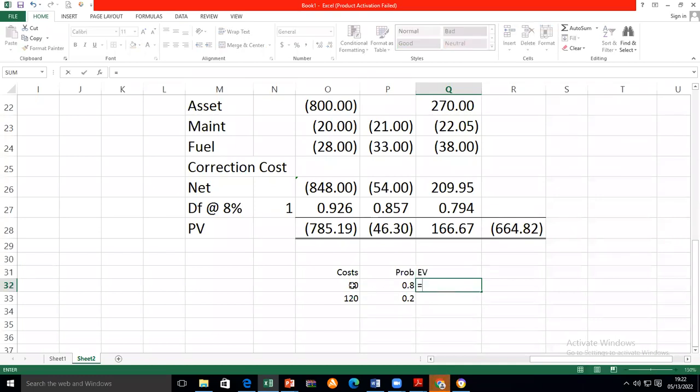How do you get the EV? That multiplied by that, and then we add them up. So to get the expected value, we multiply that by that.